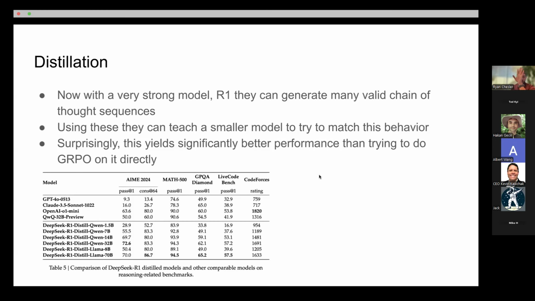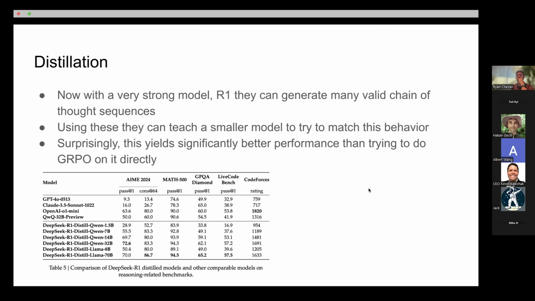So we're almost done. I'll just cover this and then we can have any discussion we want. So one of the other interesting things that they showed was that this distillation process is very powerful. Now they have this data set that is generated from a very strong model. They did the R1 and then they made the full R1, and now they have a very good reasoning model and they can have it answer a bunch of questions with the full chain of thought along with it.